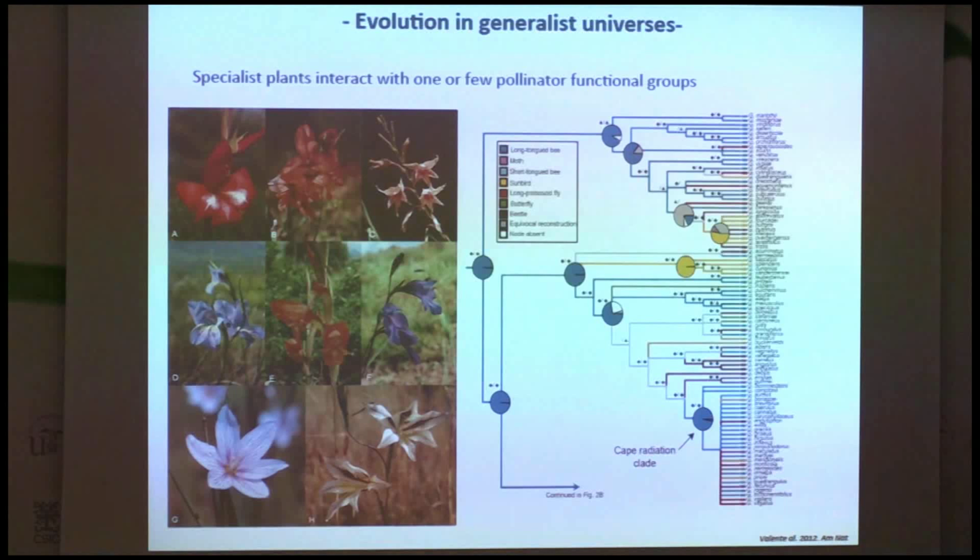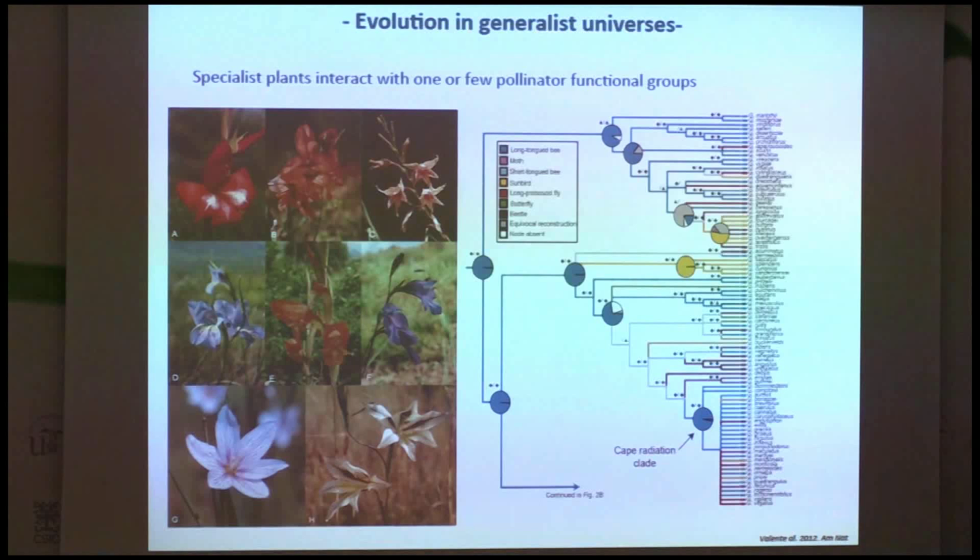Using techniques of micro and macroevolution, you can track the evolution of different pollination niches along the phylogeny and how shifts between different pollination niches are associated with diversification processes or changes in phenotype and so on.